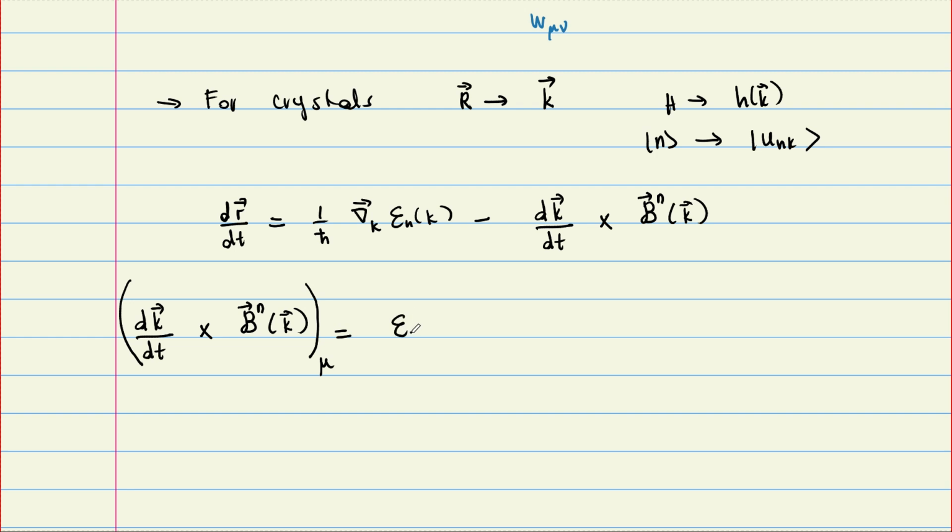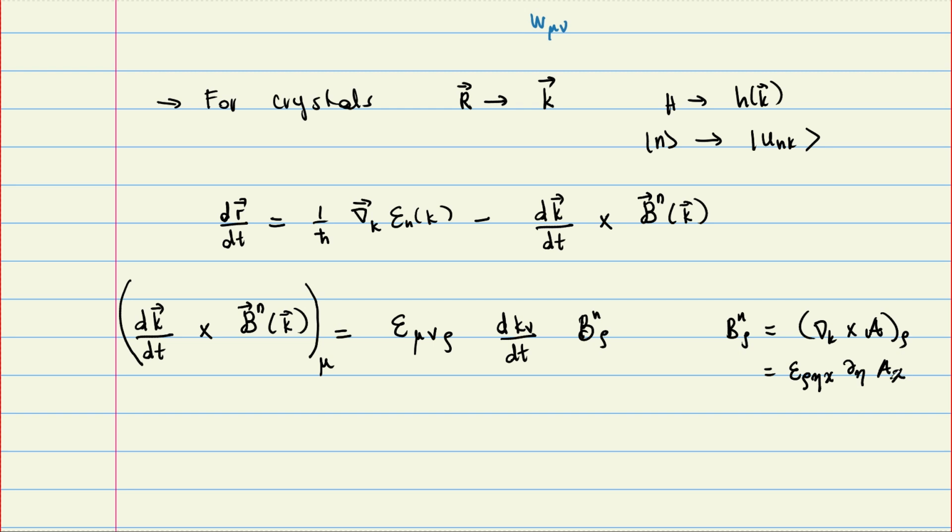This is going to be ε_μνρ dk_ν/dt and B_n, and this is going to be ρ. But B_n of ρ is going to be equal to ∇_k cross A. So this is the Berry connection, the ρ component, and it is going to be ε_ρηχ ∂_η A_χ. So now I substitute it here.